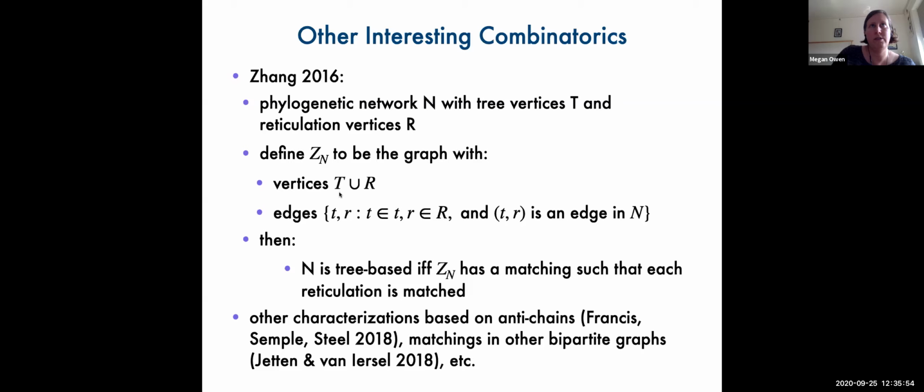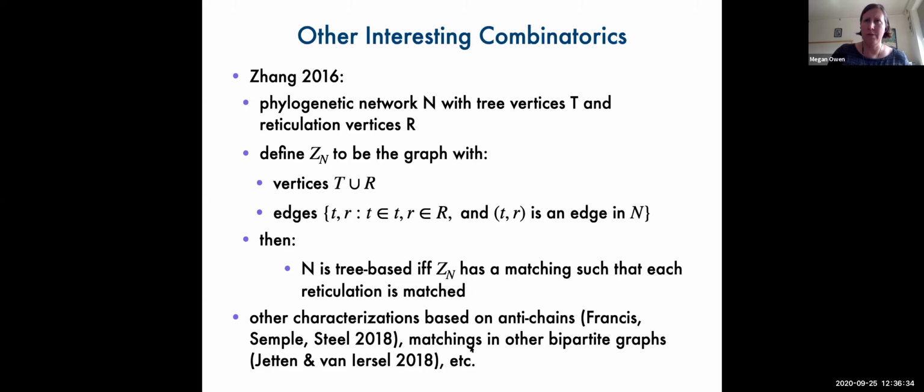One set of vertices is T, one set is R. And you put an edge if there is an edge from the tree vertex to the reticulation vertex in your network, then you put that edge between the 2 vertices in the graph. And it's tree-based if and only if this graph has a matching such that each reticulation is matched. And there are some other formulations, other matchings and maximal paths in bipartite graphs, that you can rephrase these as.